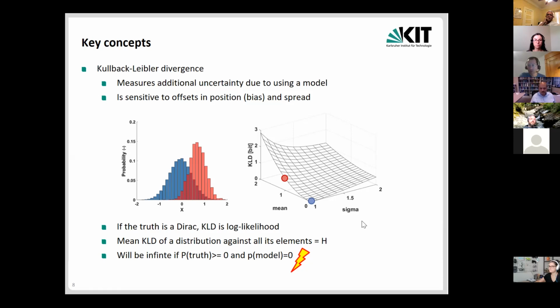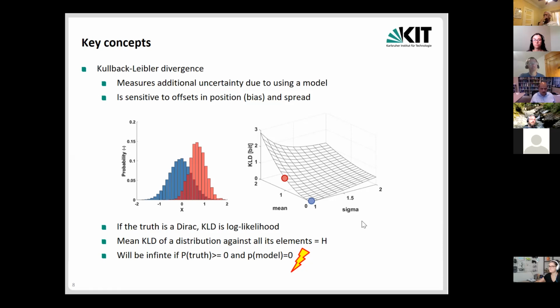It will actually jump to infinity if the distributions have a particular value range and they are completely off, then a Kullback-Leibler will move to infinity. So it's not saturating. Okay.